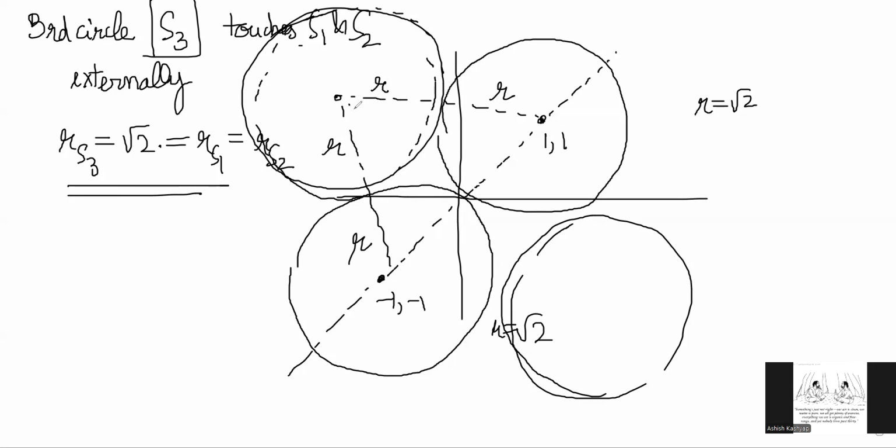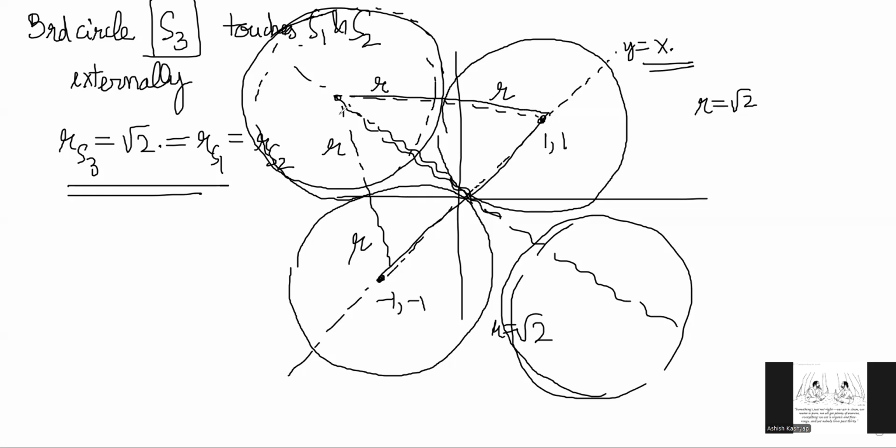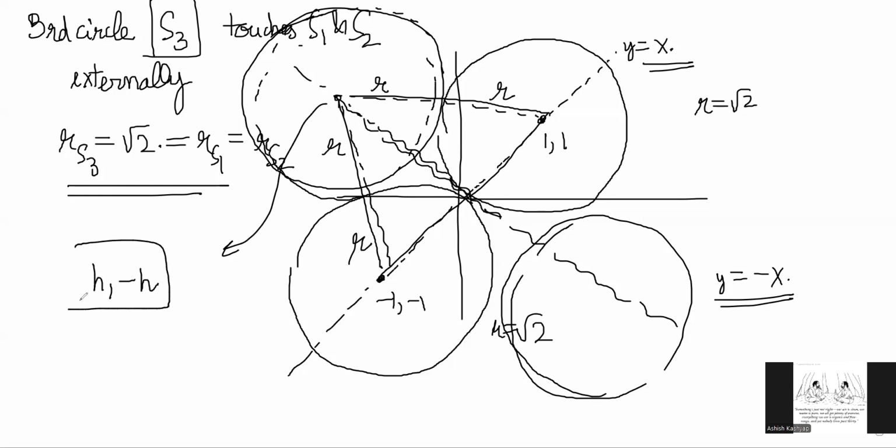So the center of this circle could lie anywhere on the line perpendicular to y is equal to x. The center of the third circle will lie on the perpendicular bisector because these triangles are equilateral, right? So we can say that the perpendicular line is y is equal to minus x. So the center of this third circle could be h comma minus h, right?